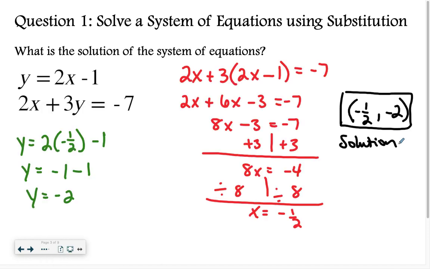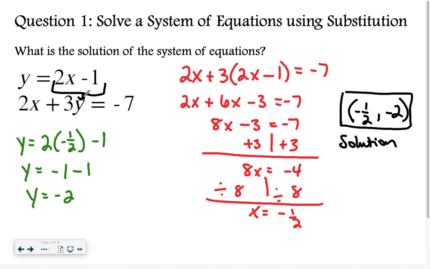All right, for this first question, hopefully you took that y equals 2x minus 1, you substituted it in for that y in the second equation, and then when you solved for x, you got x equals negative 1/2. Then you took that negative 1/2 and plugged it into your other equation, and you should have gotten y equals negative 2.